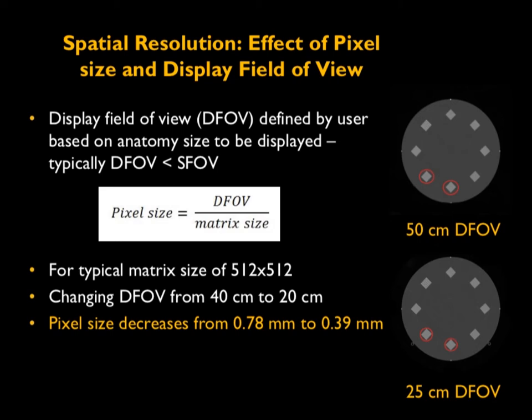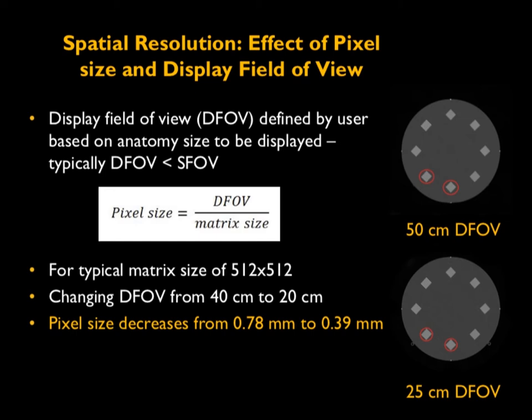The pixel size is defined as the ratio of the display field of view to the matrix size. For example, for a typical matrix size of 512 by 512, changing the display field of view from 40 centimeters to 20 centimeters decreases the pixel size from 0.78 millimeter to 0.39 millimeter. What does it mean? The smaller the pixel size, the higher the spatial resolution, and the larger the pixel size, the lower the spatial resolution.